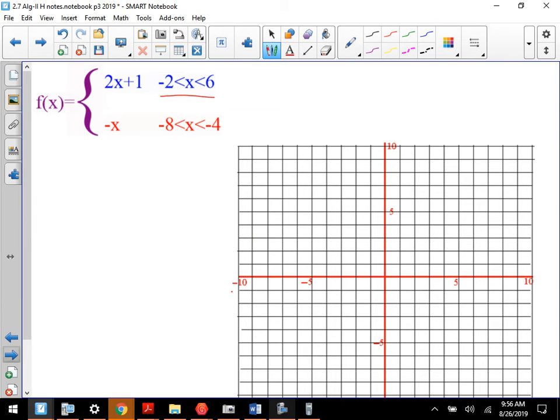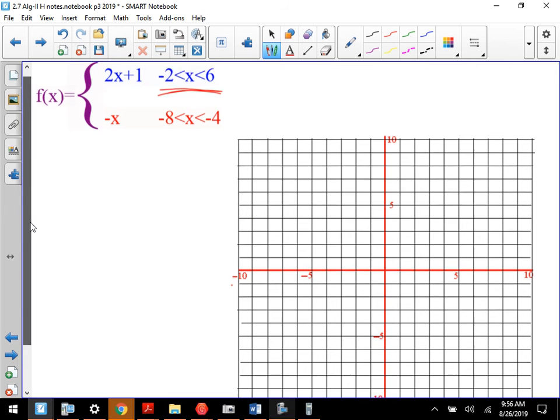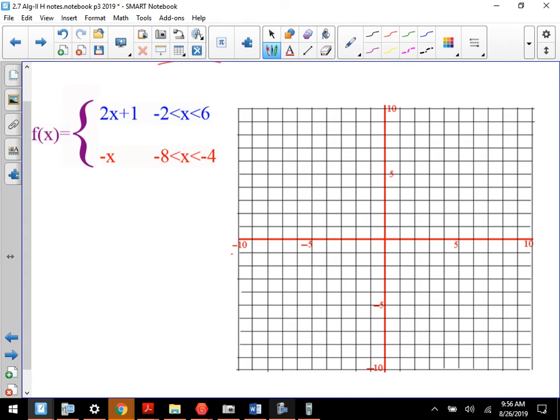When I have this parameter style, where it's just within a specific compound, if you will, I might graph the entire thing again and then go back and erase. So let's see, we have 2x plus 1, so I start at +1 and go up 2 over 1.